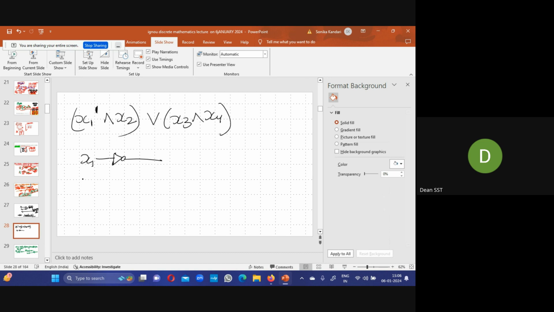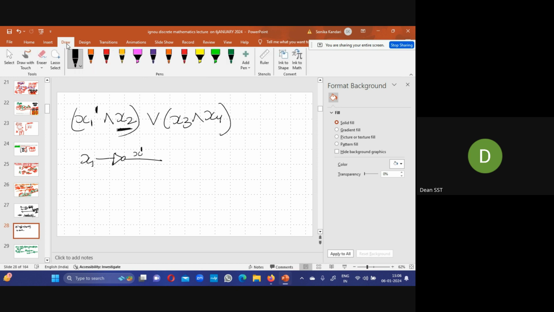So this is x1 ka complement. We need x2. So x2. And what do we have to do? We have to do AND. So here we get x1 bar, that is, negation of x1, and x2.